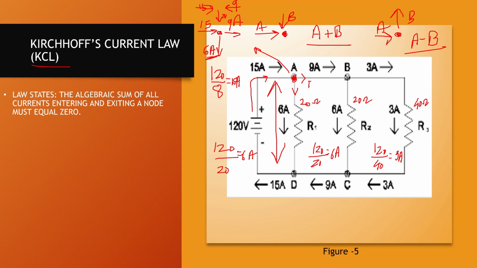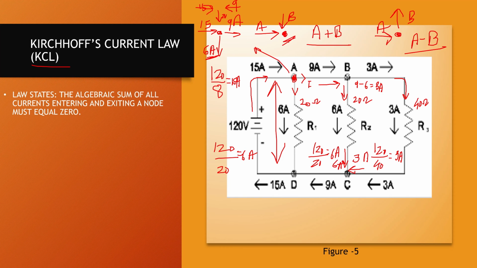Now 9 amps is going like this. Again you see 6 amps is going like this. So 9 minus 6 would be equal to 3 amps. Now over here, the current has just one path to go. So 3 amps goes. Now 3 amps enters like this, and 6 amps is entering over here.